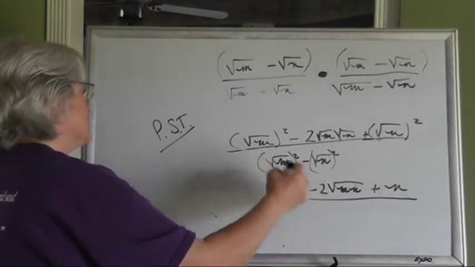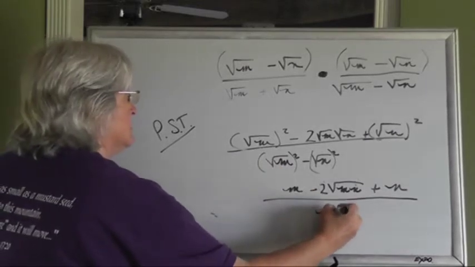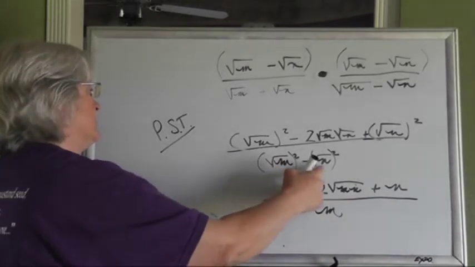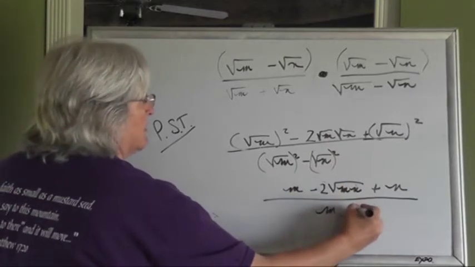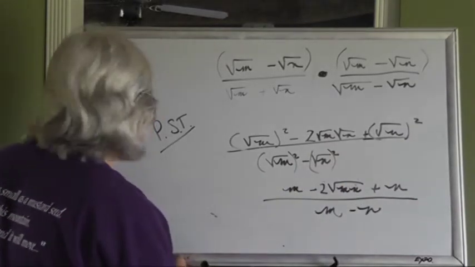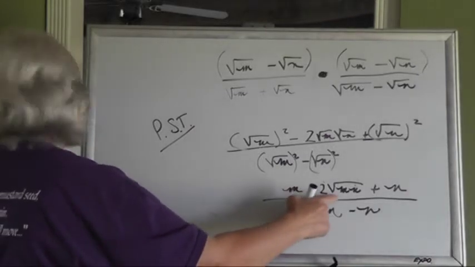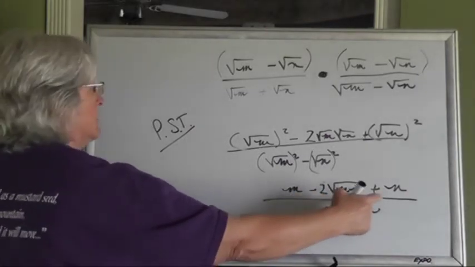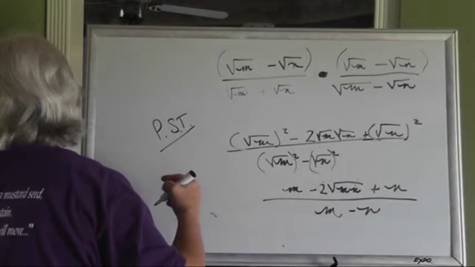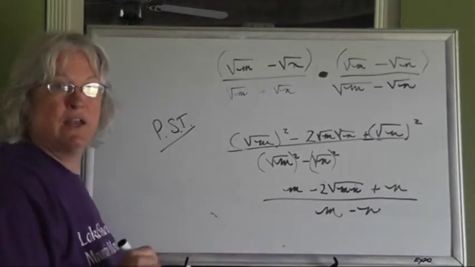Square root of m squared is m. Square root of n squared is n. Now, the book says our solution is m minus 2 times the square root of mn plus n. In the denominator we have m minus n.